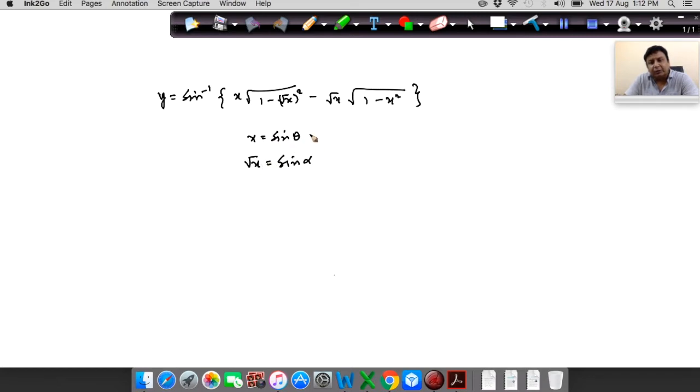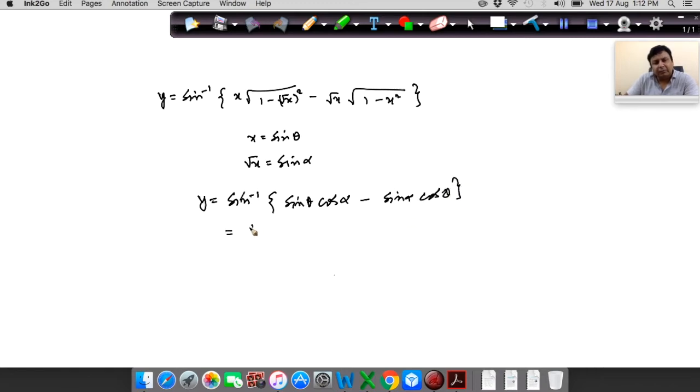So fine, root sine theta can correspond to something sine alpha, for any angle alpha it is possible, isn't it? Because the question will change to sine inverse of x, which is sine theta, and under root of 1 minus sine square alpha, so cos alpha, minus root x, that is sine alpha, and cos theta.